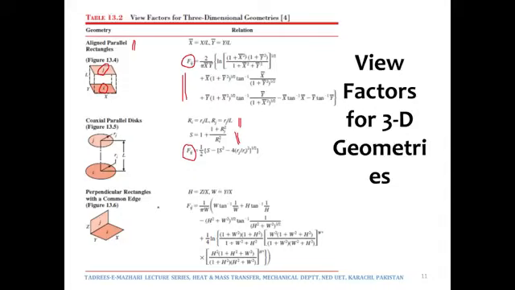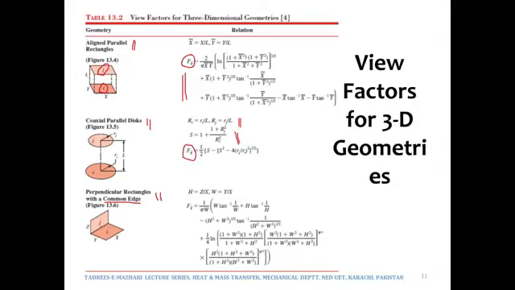The last case, the third case after parallel rectangles and after coaxial parallel discs, is that of perpendicular rectangles such that those perpendicular rectangles share a common edge. It is important that they must share a common edge.